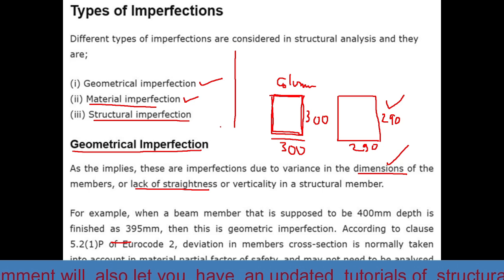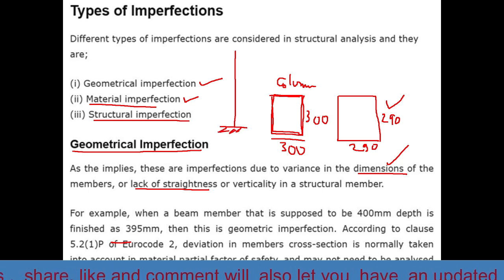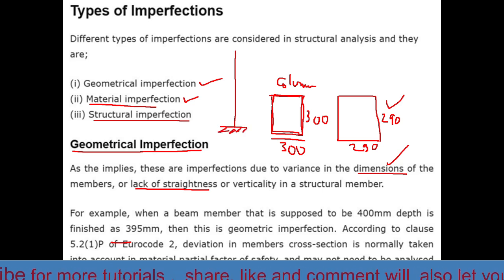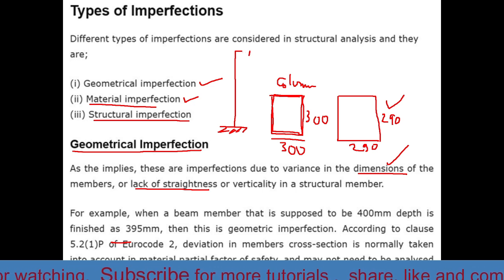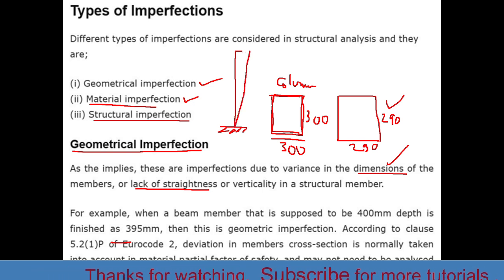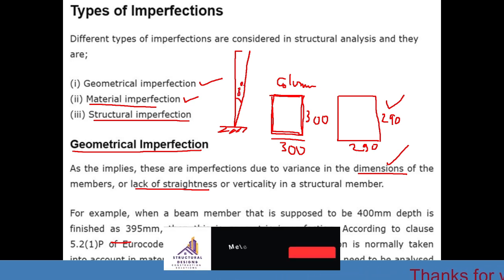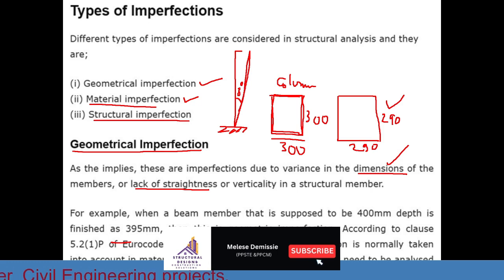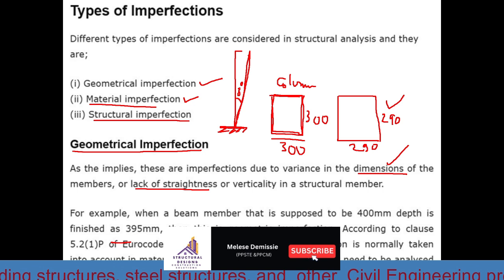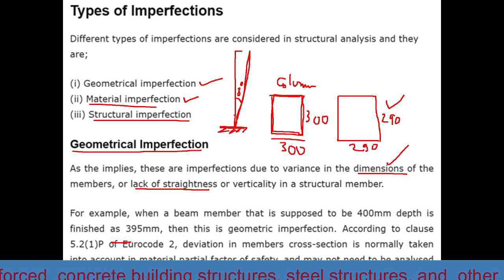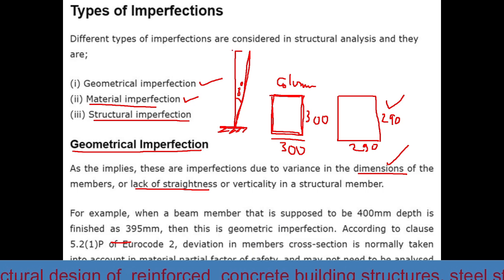That means we may have a column. So this column may be leaning to some angle. It may be 3 degrees or it may be 2 degrees. So during the erection of the column, the column may not be straight or vertical.